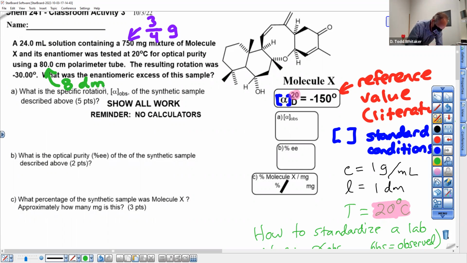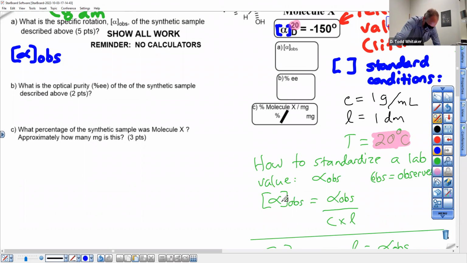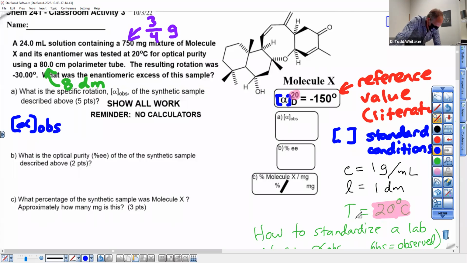And I am going to standardize my alpha observed. There's the standard for alpha observed. Use the equation on the screen. The standard alpha observed is the actual observed value you saw in the lab divided by C times L. So in the question, what is the observed result in the lab?